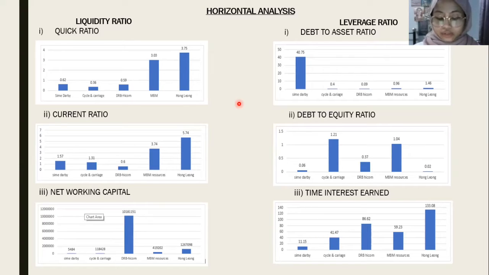In other words, this company has more liability than asset. For debt to equity ratio and time interest earned, Hong Leong Industry show good performance, which means that this company has a lower amount of debt funding by lender and poses less risk to investor and creditor in terms of solvency.